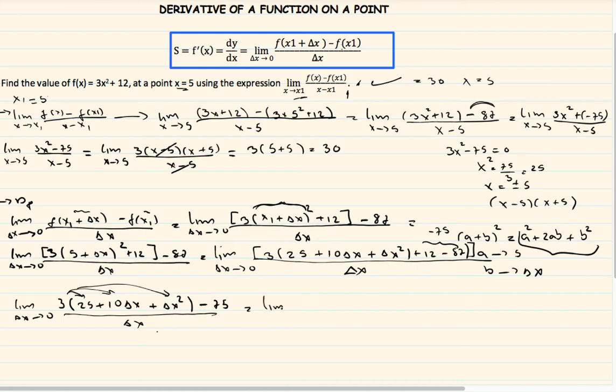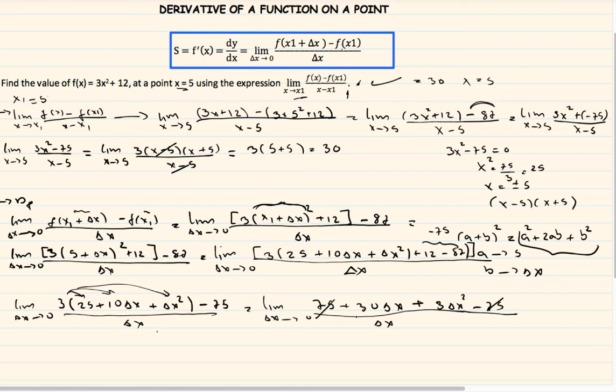So we have the limit as delta x tends to 0 of 75 plus 30 delta x plus 3 delta x squared, divided by delta x, minus 75.